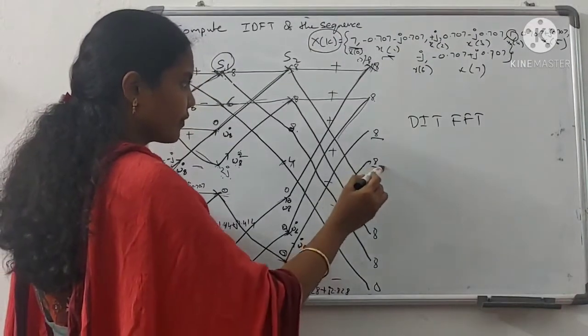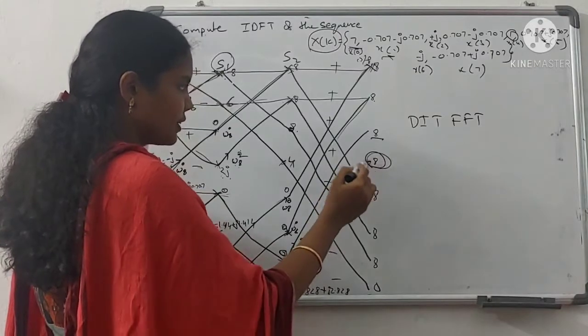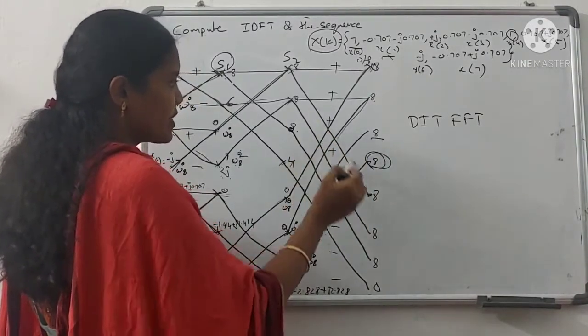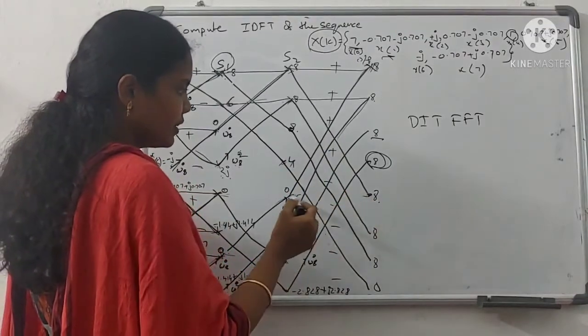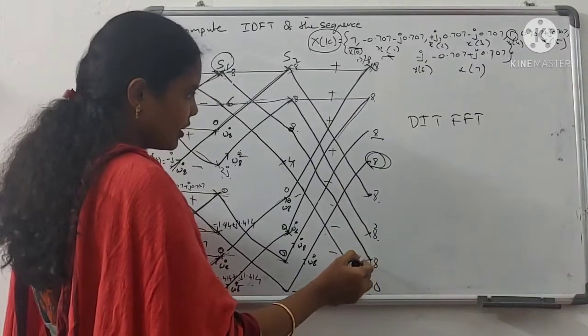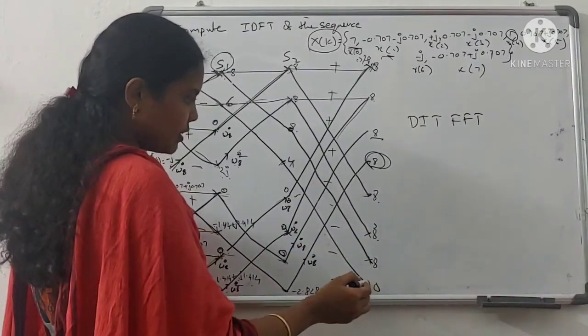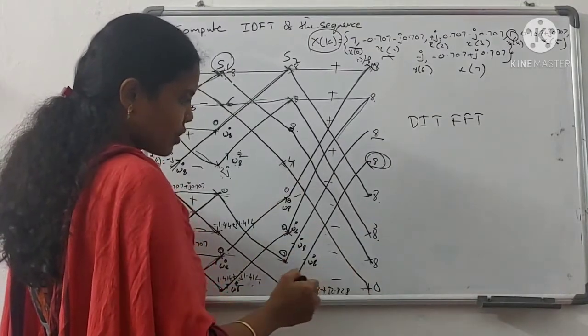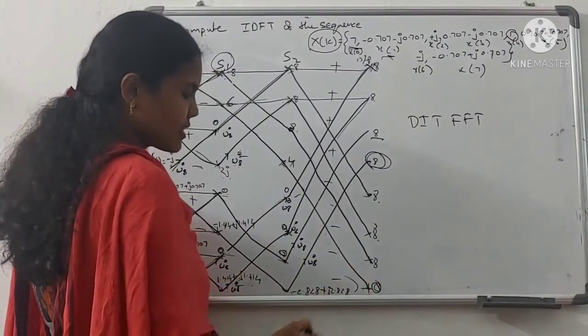You are getting as 8. In the same way, here the value is 8 plus 0, 8, and here 8 plus 0, 8, here 8 plus 0, 8, here one value is 4 minus of this value. You are getting the value as 0.